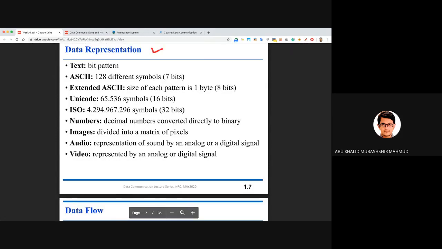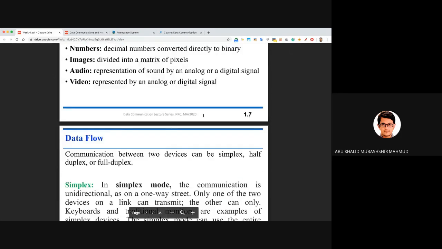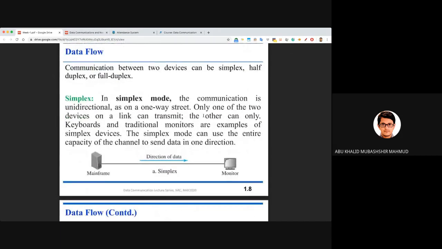This data representation is self-explanatory. Please have a look. If you have any problems, share it with me. Data flow. I think you are already familiar with it. The types of data flow are simplex, half duplex, or full duplex.